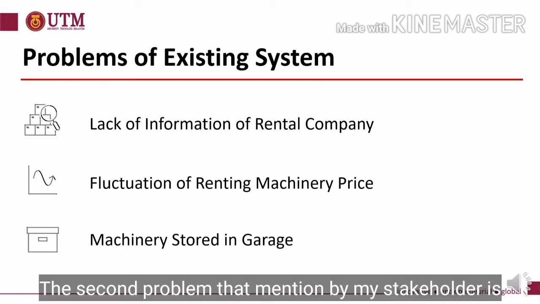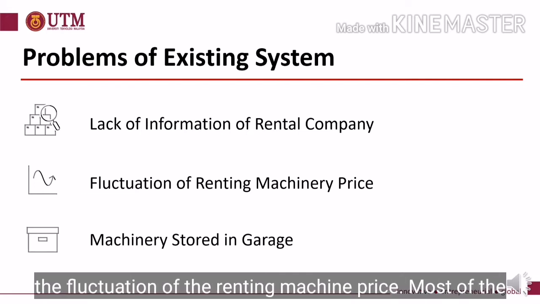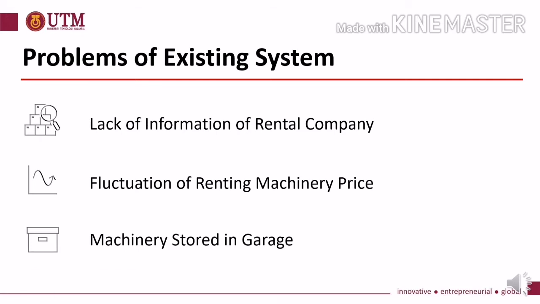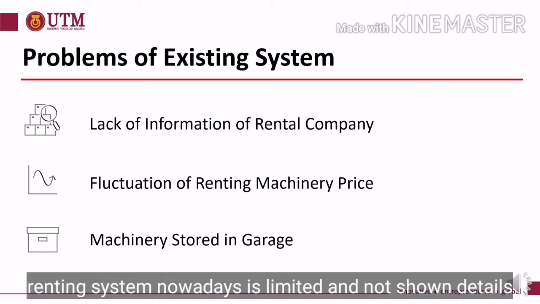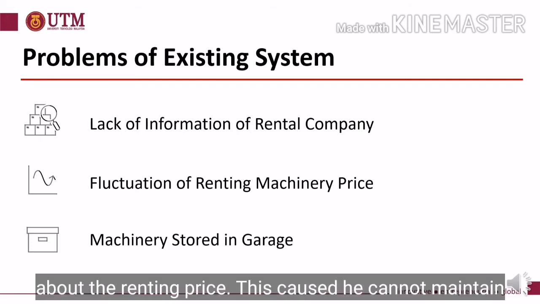The second problem mentioned by my stakeholder is the fluctuation of renting machinery prices. Most of the renting machinery systems nowadays are limited and do not show details about the renting price.